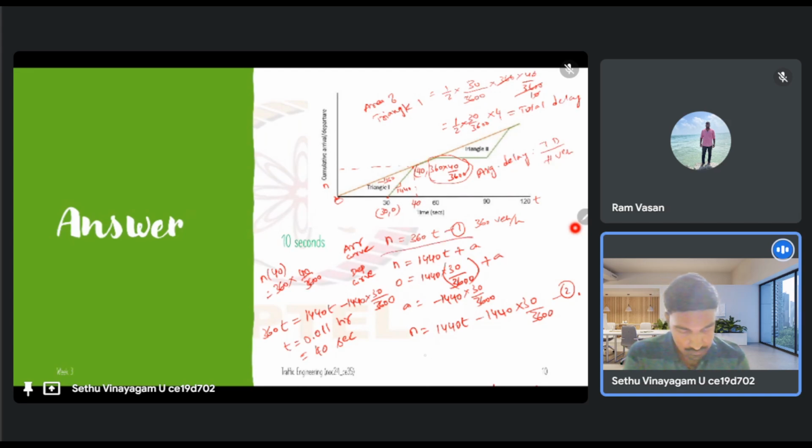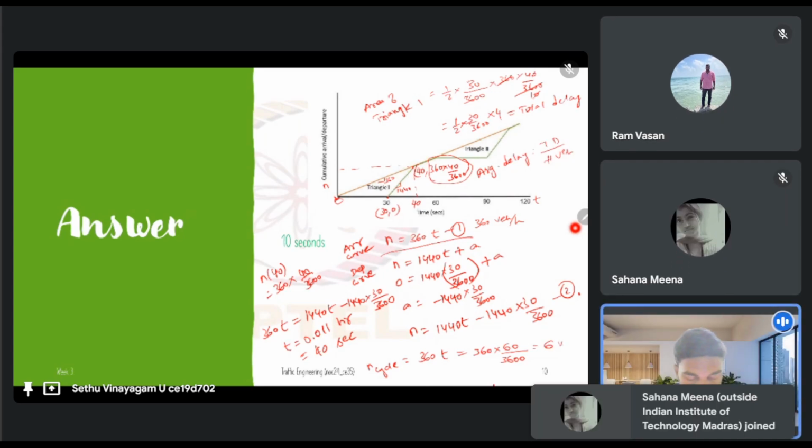So the arrival curve is 360t, and I will write n cycle, the number of vehicles in one cycle. So that is 360 into, one cycle is 60 seconds in this case, so 360 by 3600, the number of vehicles, which is basically 6 vehicles. So 6 vehicles arrive in one cycle, right?